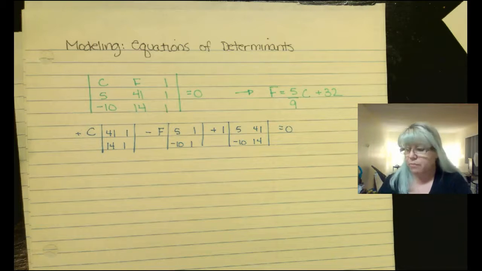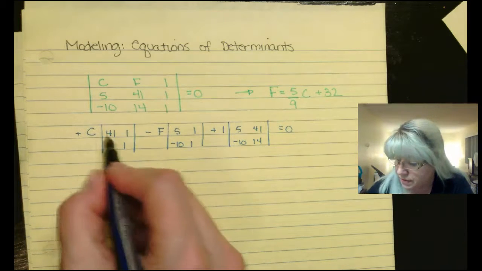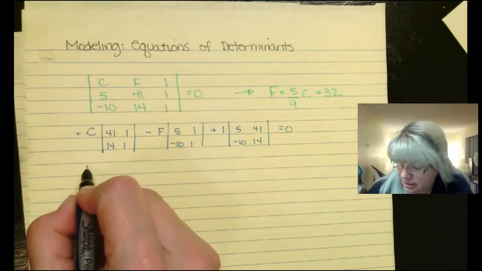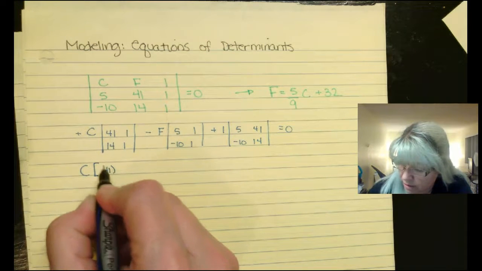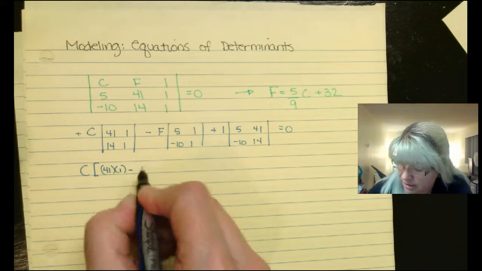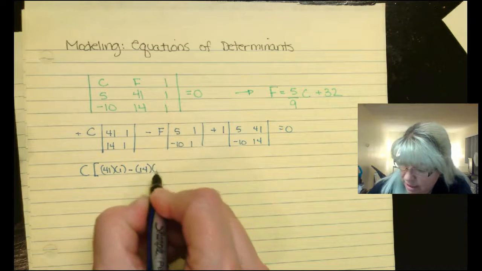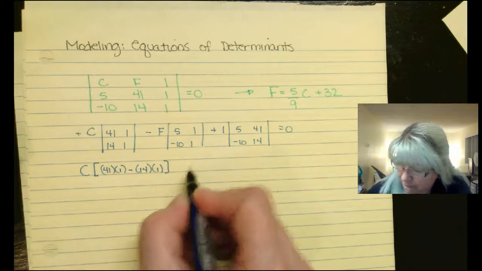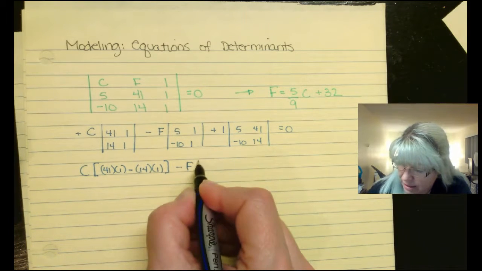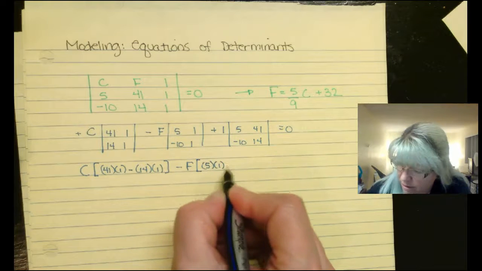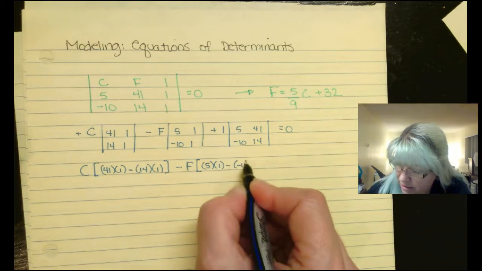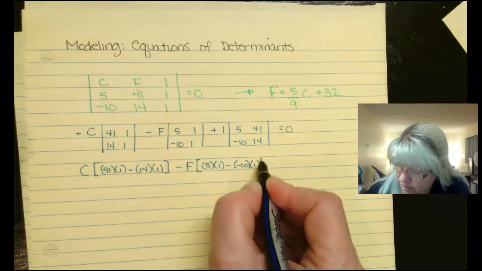Okay. Let's figure out our determinants. It's going to be C times 41 times 1 minus 14 times 1, minus F times 5 times 1 minus negative 10 times 1.